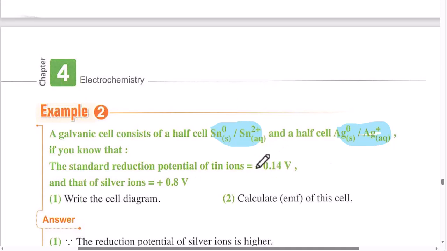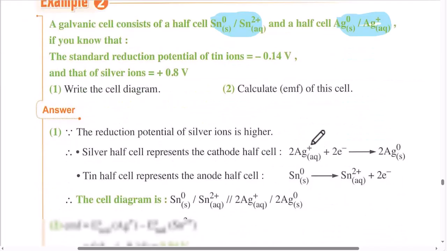If we want to make the diagram of this galvanic cell, we write the anode in its two oxidation states: tin Sn 0 solid, one diagonal line, tin positive 2 aqueous, two diagonal lines, and then the cathode from the higher oxidation state to the lower oxidation state, because at the cathode there is a reduction: silver positive, then silver 0 solid.